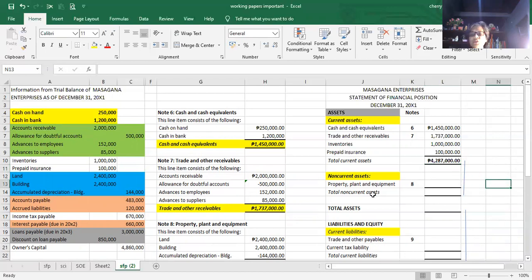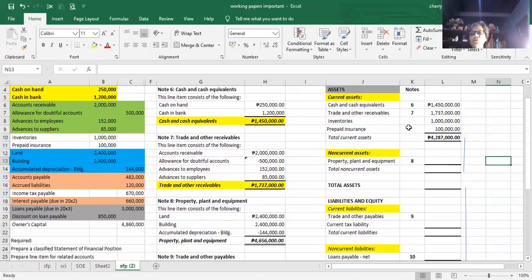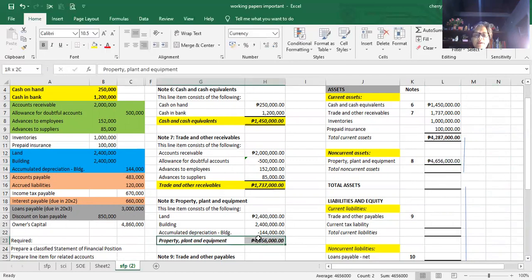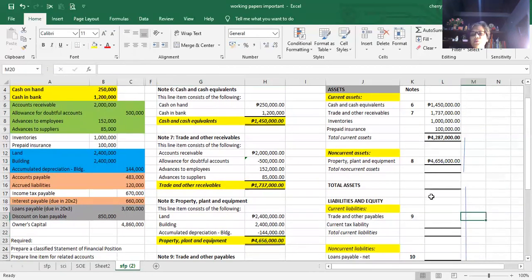Now, let's go to the non-current assets. We're done with the current assets. The non-current assets are under note 8. Okay, so we're done with that. What else? So none.